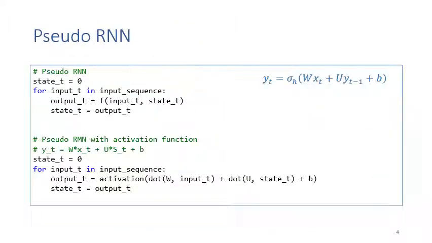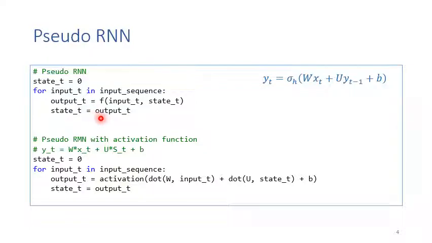Let's implement a simple RNN using pseudocode. Here is an example. First, we need a memory to save the previous state. We name the variable state t. Okay, so for each input from the input sequence, because it's a time series data, we will pass the input t and the state t into a function, activation function, and then we can calculate output t.